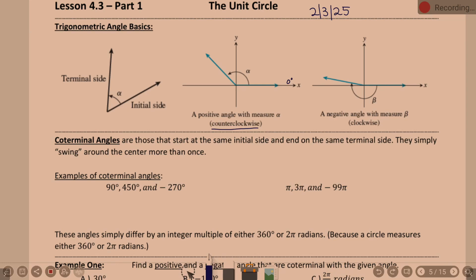We can also measure negative angles on the unit circle, and negative angles go the other way. A positive angle, your positive direction is to go counterclockwise. Now, a negative angle is going to go clockwise. So a negative angle would be starting still at 0 degrees, 0 radians, and now going clockwise.